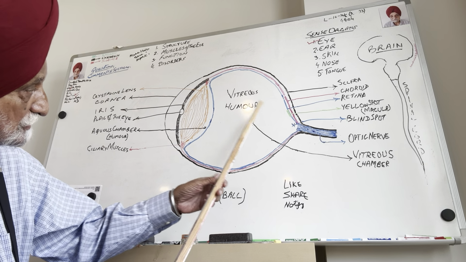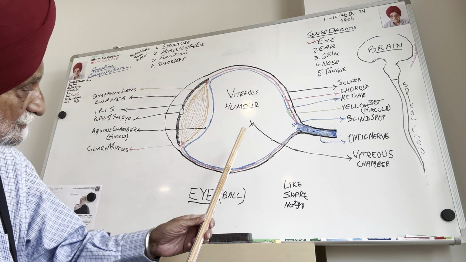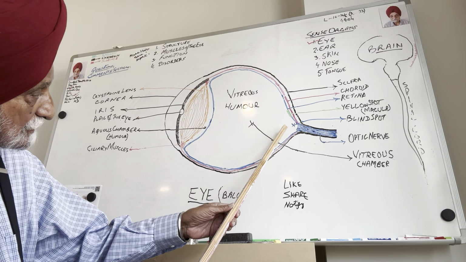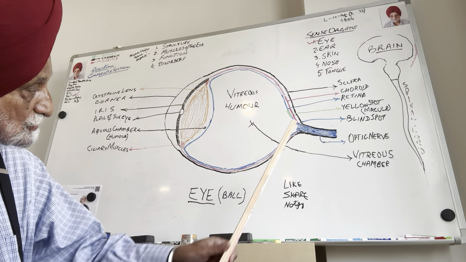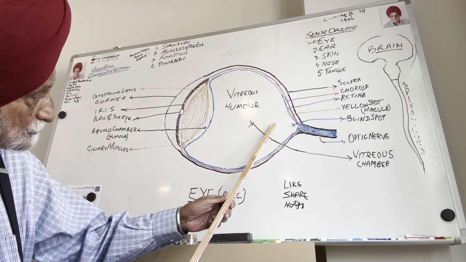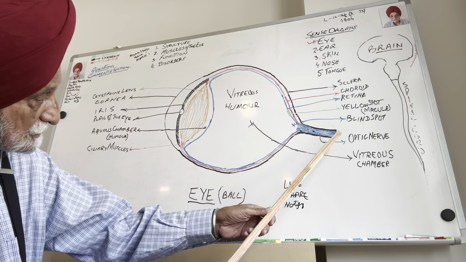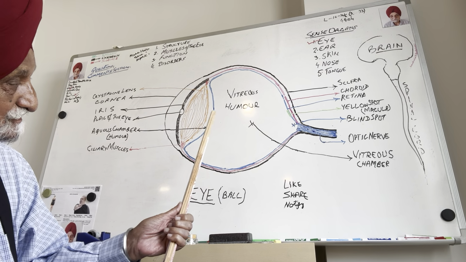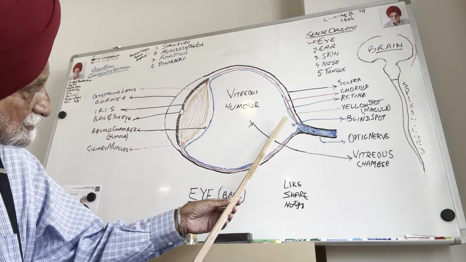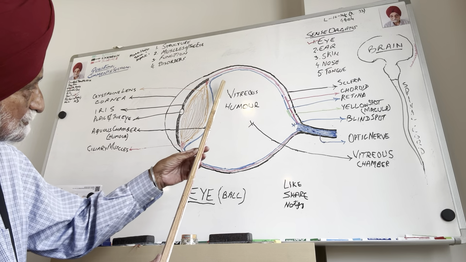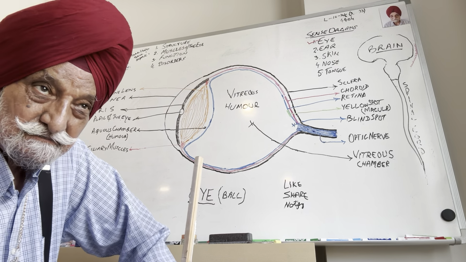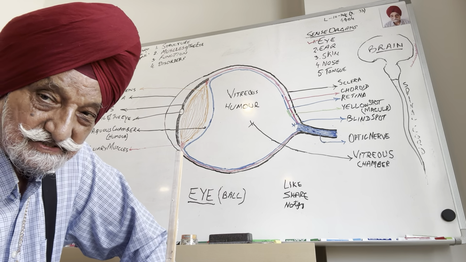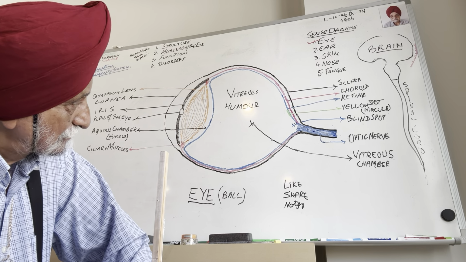And then we have the retina. Now I'll start with the retina. The retina has an optic nerve which comes out of the eye as a nerve-like structure. Now the retina itself is made up of a special type of cells called rod cells and cone cells.